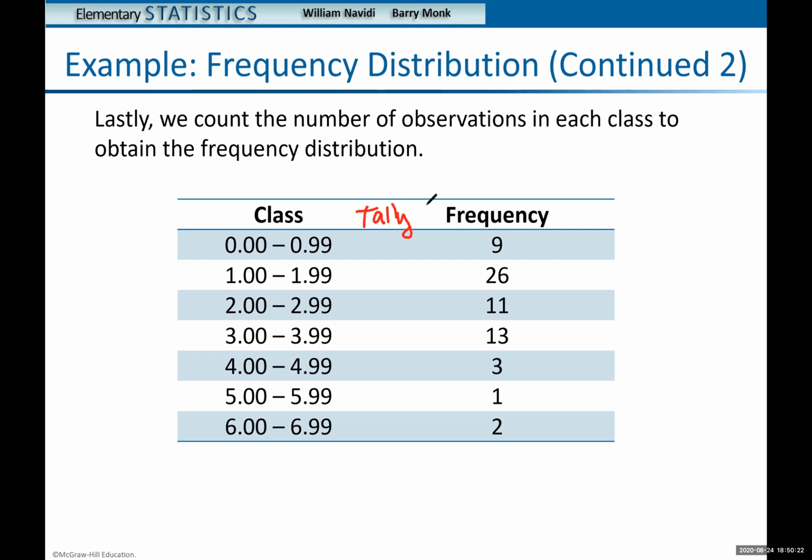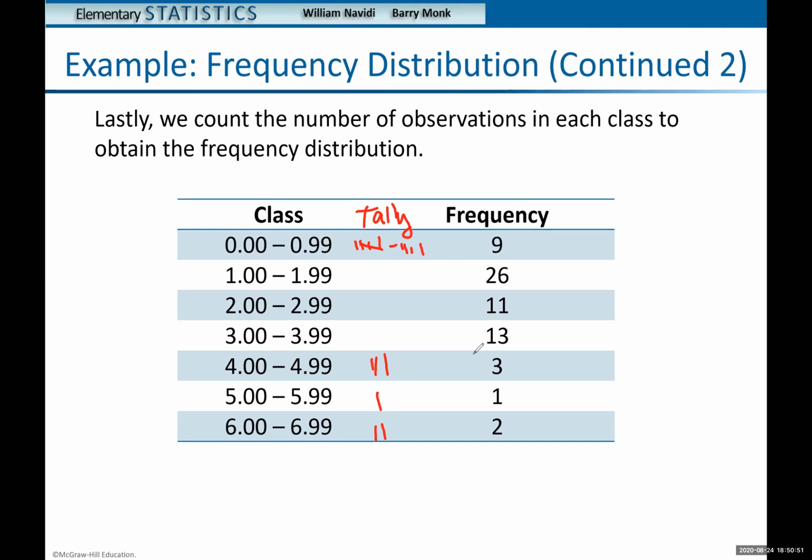So if you go back to those 65 numbers, if you count how many numbers from 0 to 0.99, it's something like 9. So this one is 2, this is 1, 2, 3, and so on and so forth. And then the total, you just have to count everything, and that's going to be your frequency.